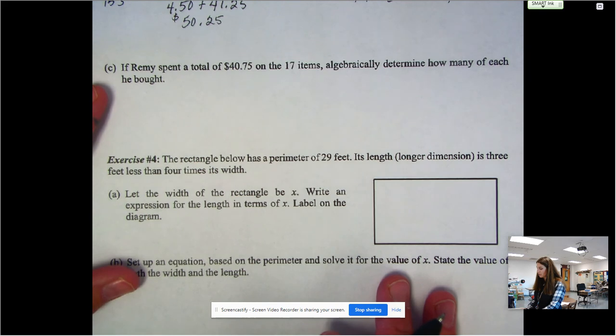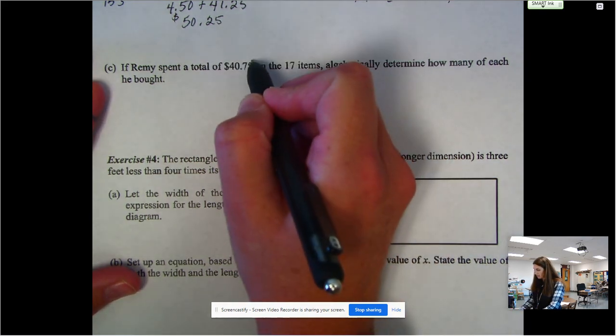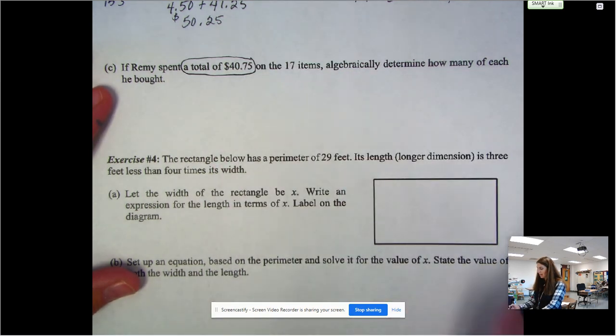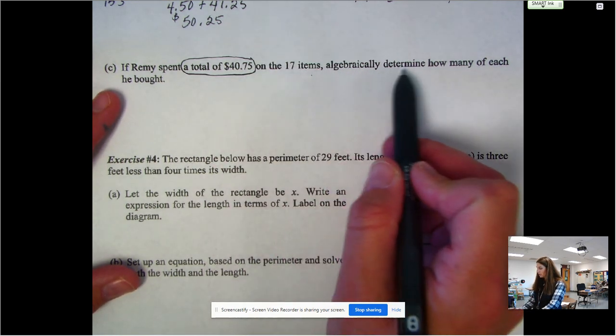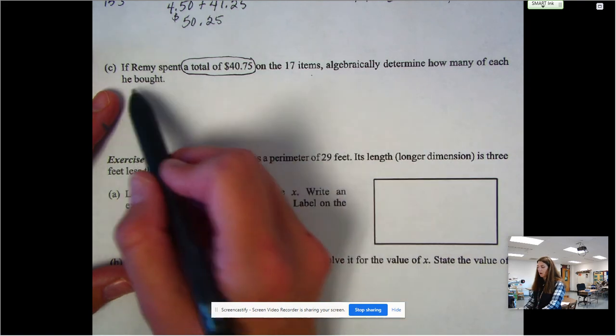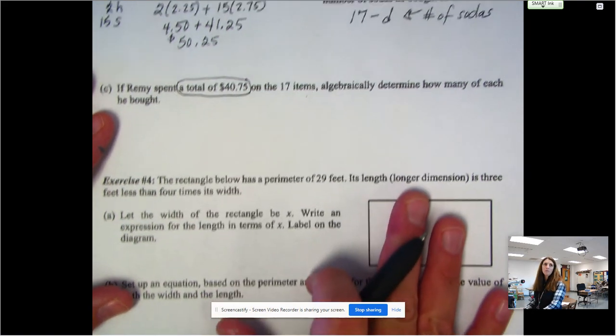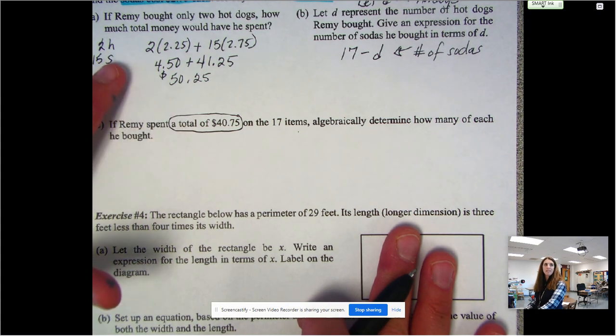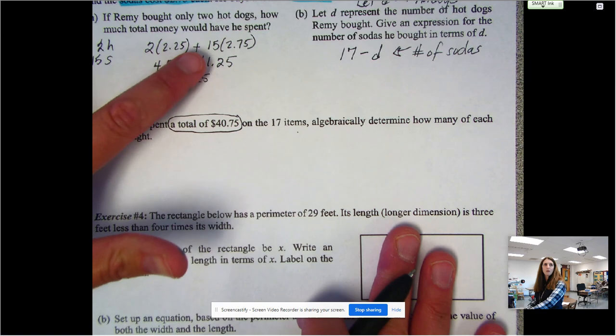If Remy spent a total of $40.75, so there's our total that he spent on the 17 items, algebraically determine how many of each he bought. So what we're going to pull in here is this expression, and set that equal to that, except we can't use 2 and 15 anymore.